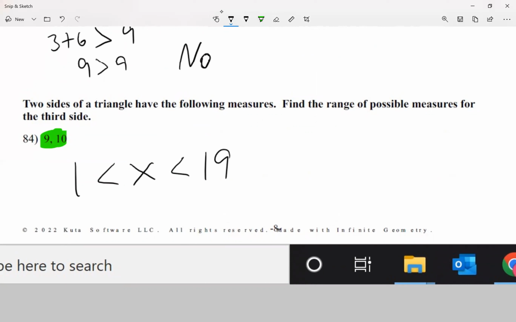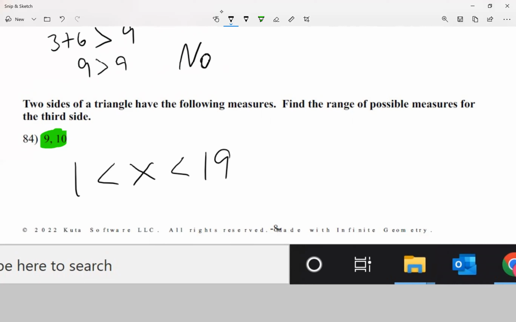As a reminder, how did I get the 1? I subtracted the 2 numbers given, right? 10 minus 9. Keep in mind, measurements have to be positive, so 10 minus 9, not 9 minus 10, because it has to be positive. And then 19, because I added the numbers, 10 plus 9.